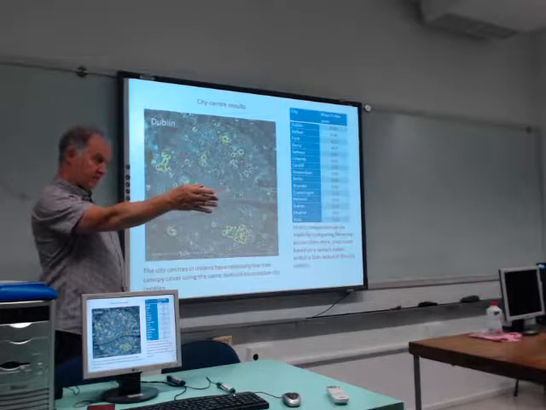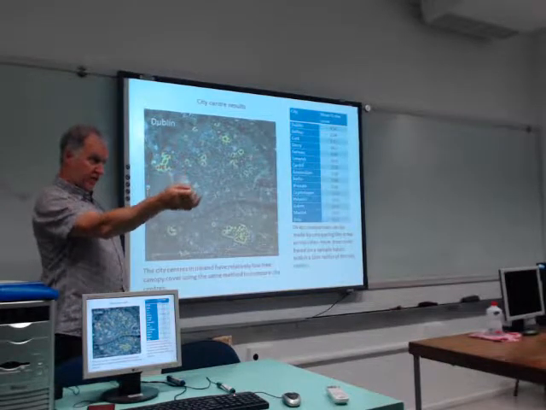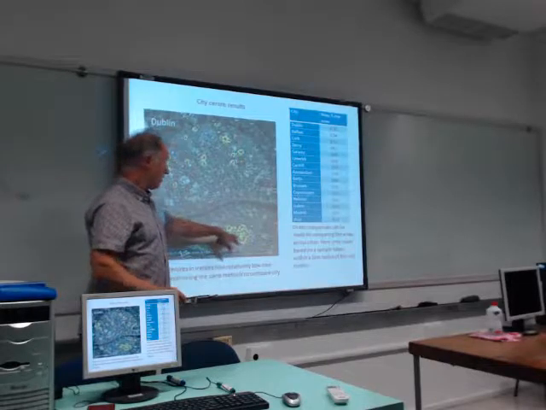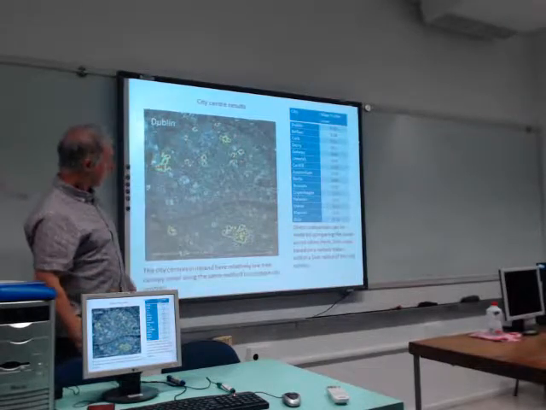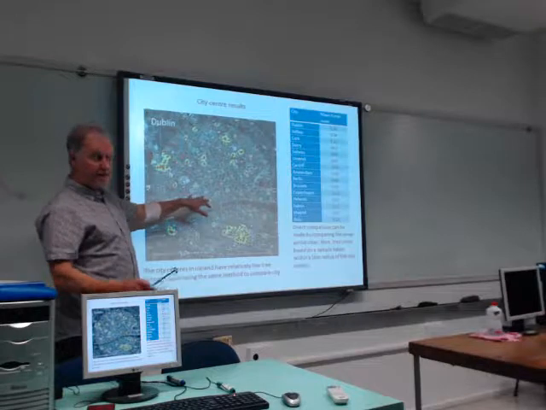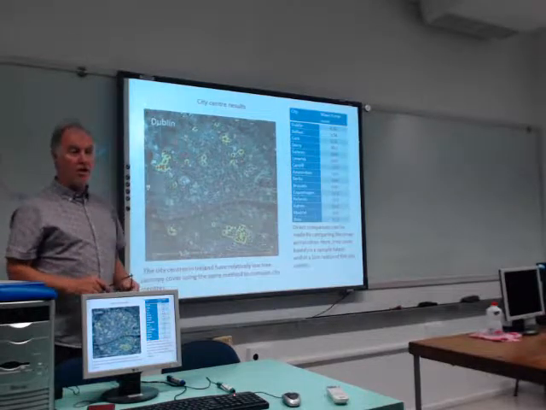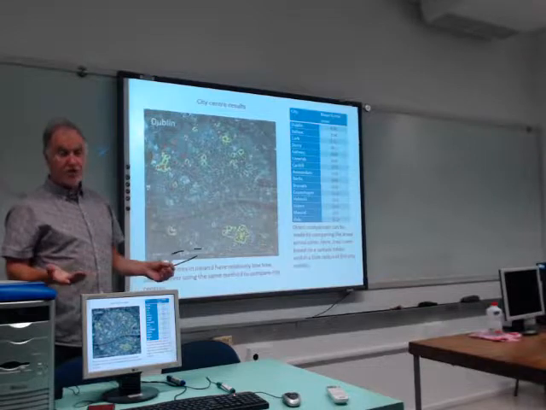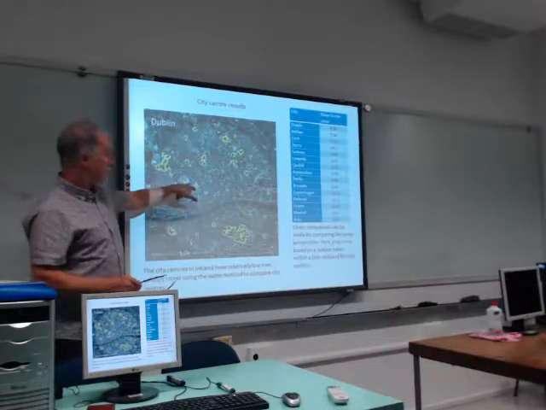So I took the XY coordinates out of that, and I plotted out the locations of them. And I plotted out the locations of the green area. So you can see in the city centre of Dublin, in this case here, it's practically a rock. There's very, very few places available for trees, but there are trees inside the city centre.